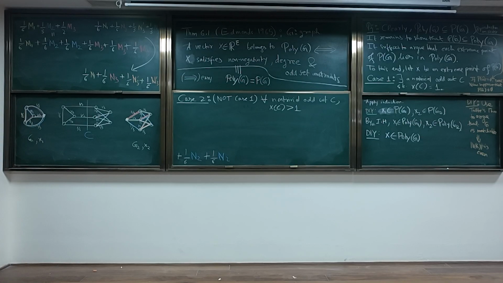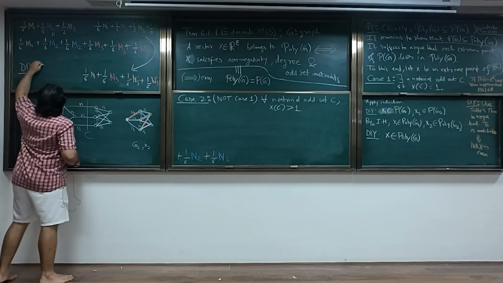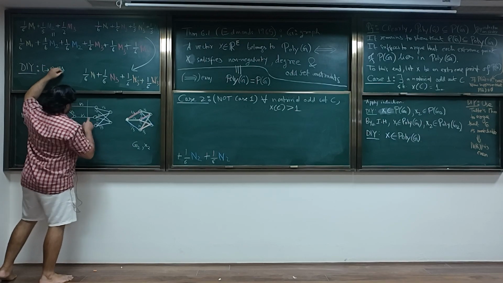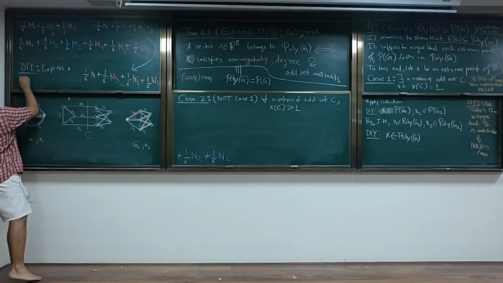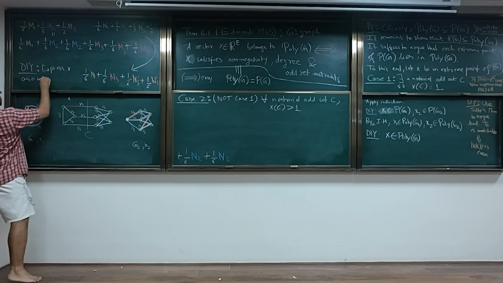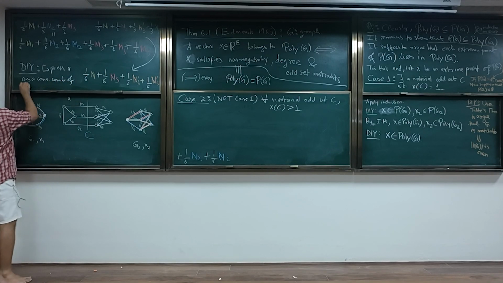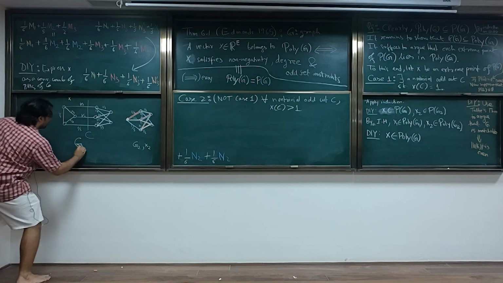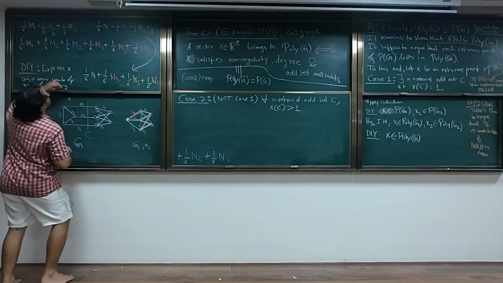Yeah, maybe you can all try it. DIY. Express the original x as a convex combination of perfect matchings of G using this information.